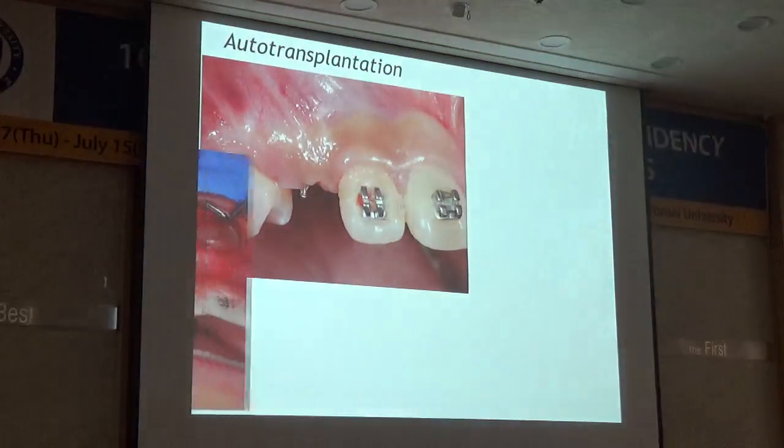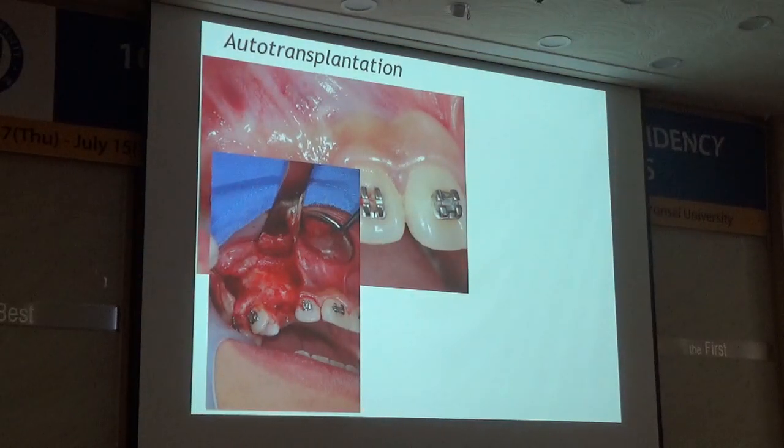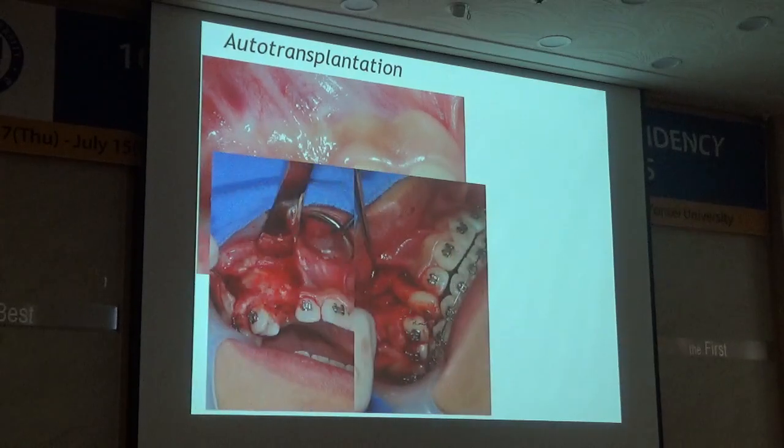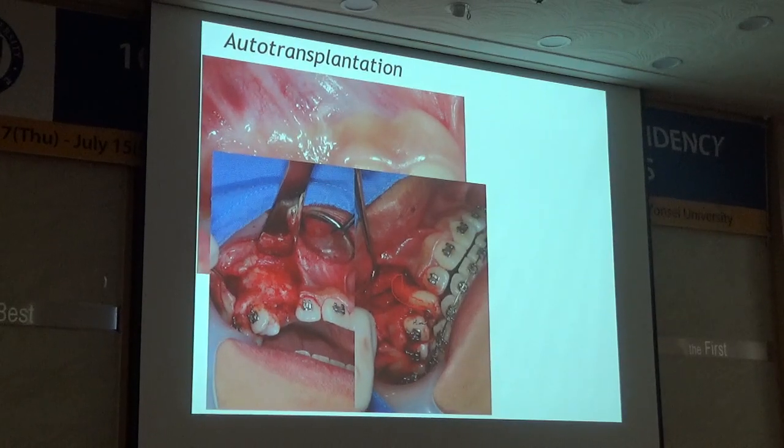So this is the operation. There was a full coverage of the bone. You can see the direction of the root like this. In this case, the root was curved like this, and we made the biomechanics like this.